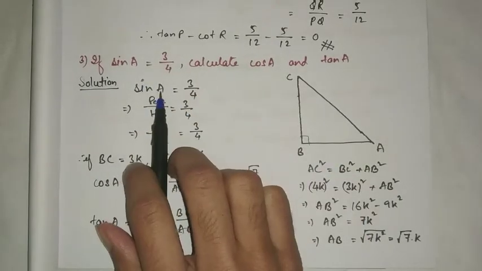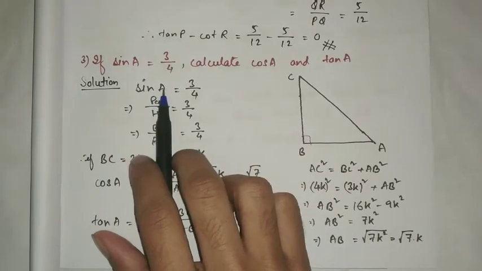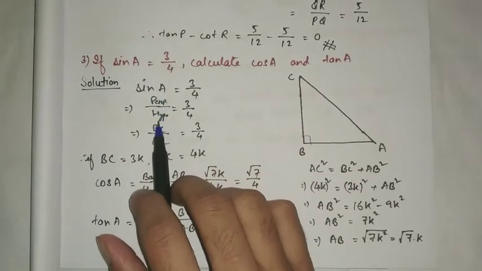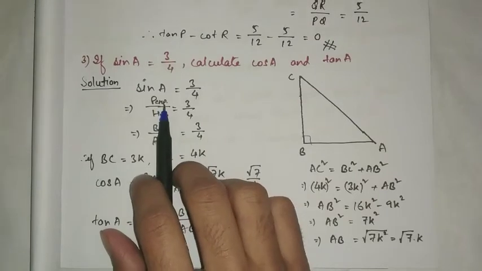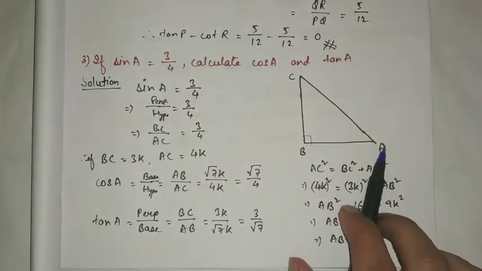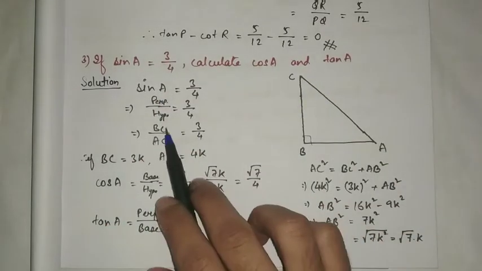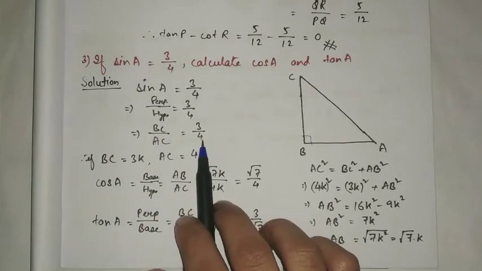Then since it is given that sine of angle A is 3 by 4, we take the trigonometric ratio of sine of A as perpendicular by hypotenuse, which is equal to 3 by 4. Then based on angle A, the perpendicular will be BC and the hypotenuse will be AC. So it becomes BC by AC is equal to 3 by 4.